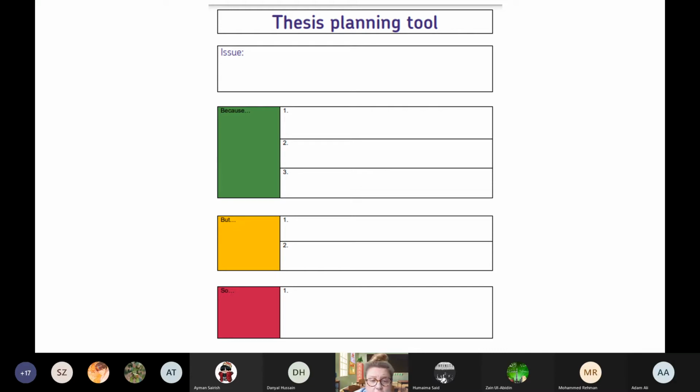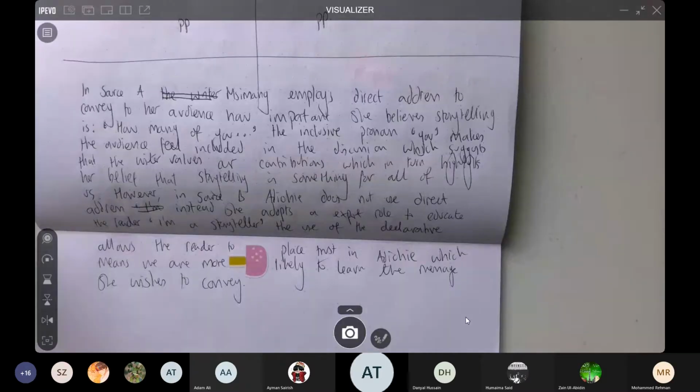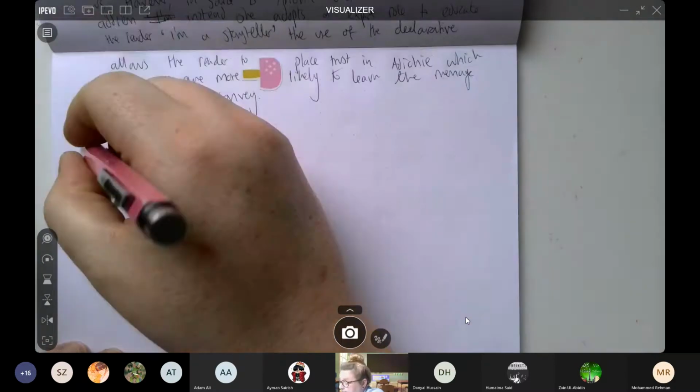So when it comes to the statement that you're offered, you obviously do need to decide if you agree or disagree in some way, but that is what becomes your thesis.